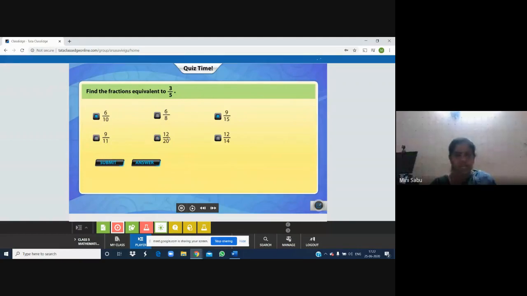So, it is not an equivalent fraction. Now, let us come to this. 3 multiplied by 4 is 12. 5 multiplied by 4 is 20. So, this is an equivalent fraction. Then, 3 multiplied by 4 is 12. 5 multiplied by 4 is not 14. So, this is not an equivalent fraction.